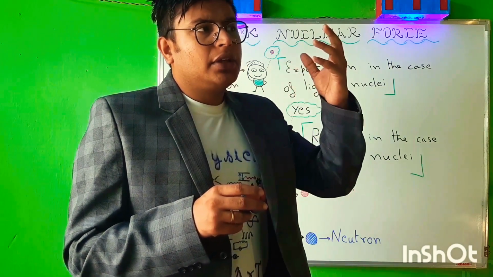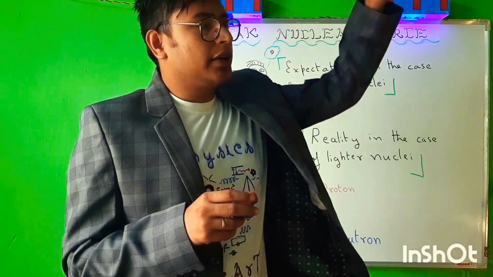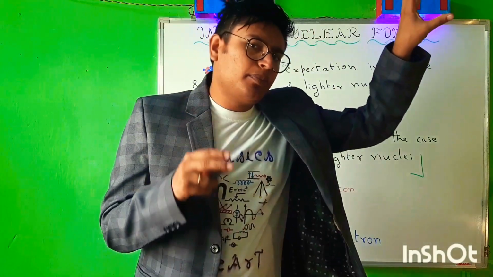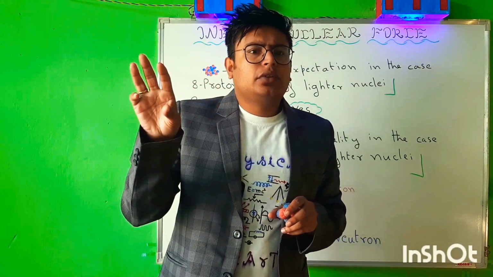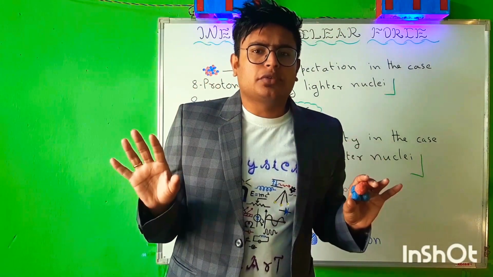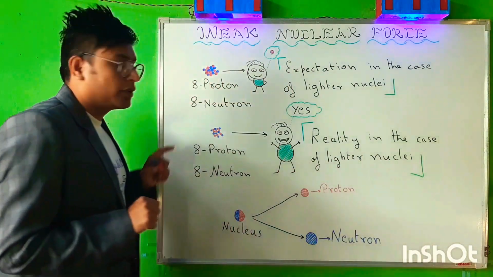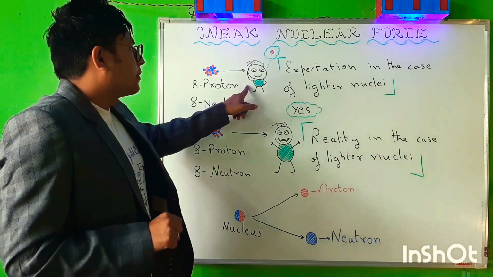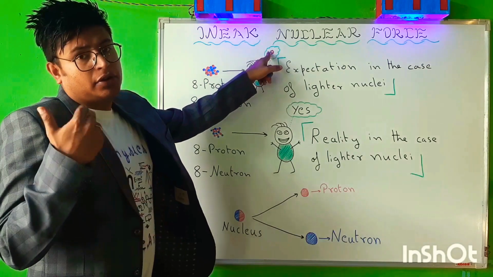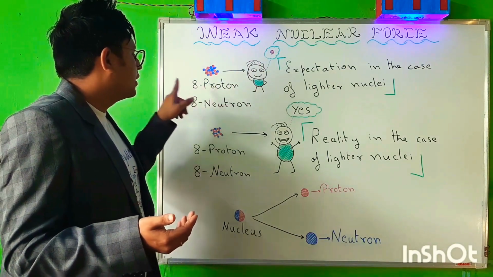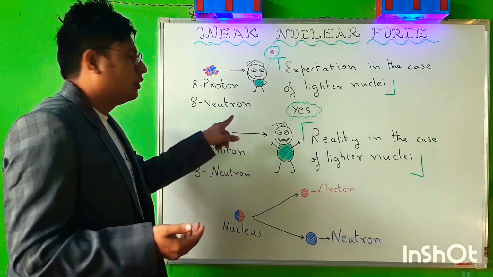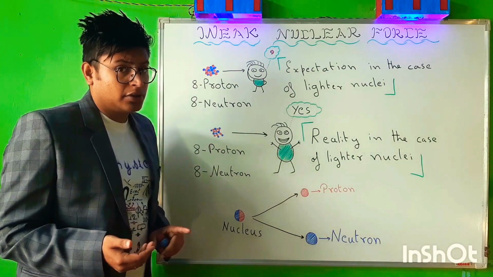When I think that there is an atom that has 8 protons, then it should have 8 neutrons. I am thinking about a nucleus with 8 protons, so it should have 8 neutrons. This is the case of oxygen.